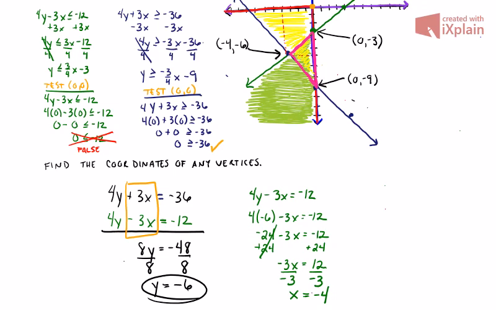So my rough-handed drawing actually does pretty closely pinpoint that -4, -6. So your final answers for the vertices will be -4, -6, 0, -3, and 0, -9. They don't need to be written in any particular order, they just need to be listed out.